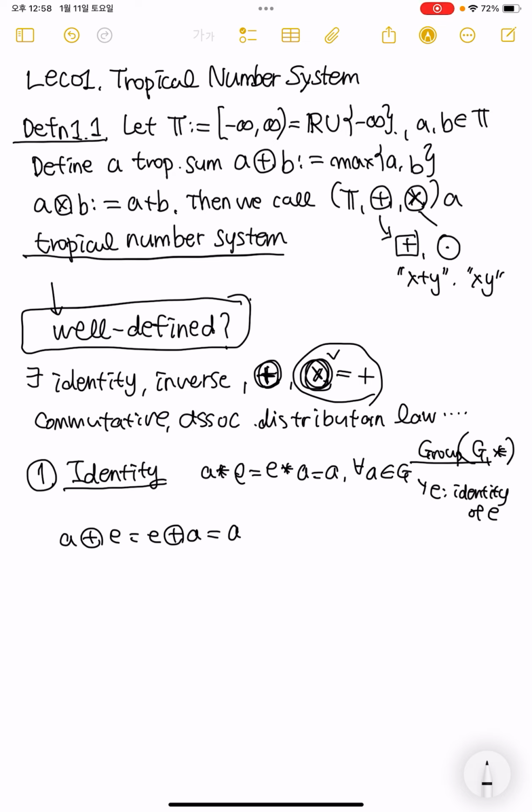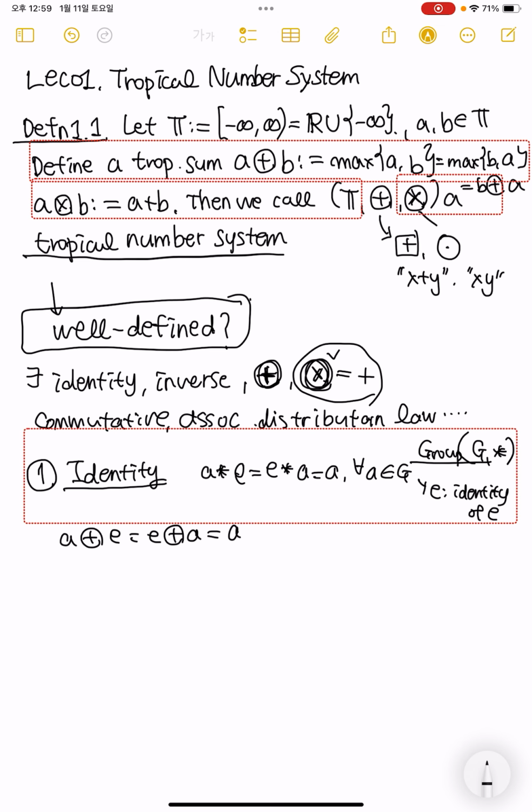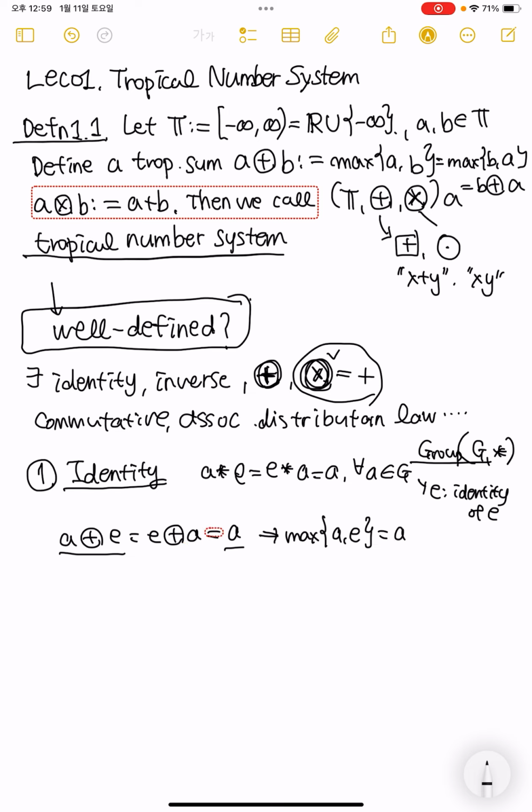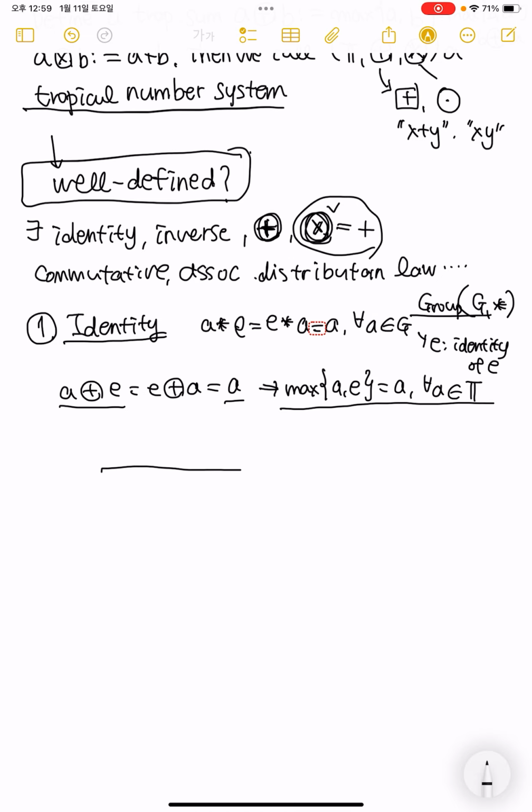In fact, the tropical summation naturally satisfies the commutative law, so we should check one of them, which means that for all A in T, and E also in T, we should find this result for every A in T. If we plot a horizontal graph, with A given here, to satisfy this equation the identity E should be in this part.